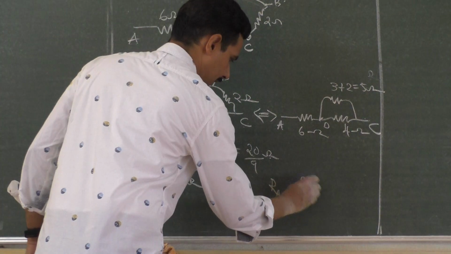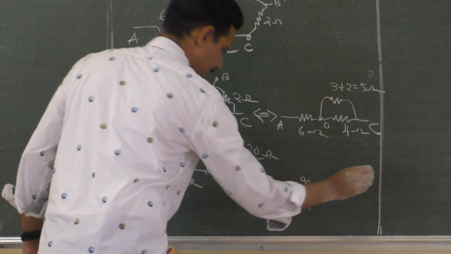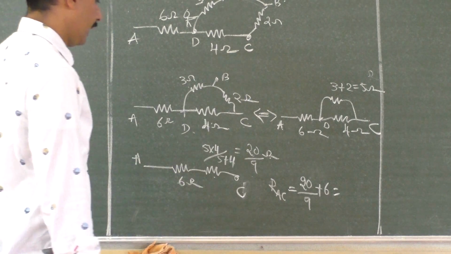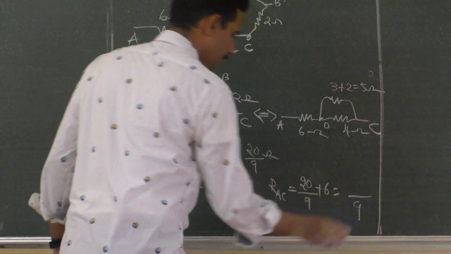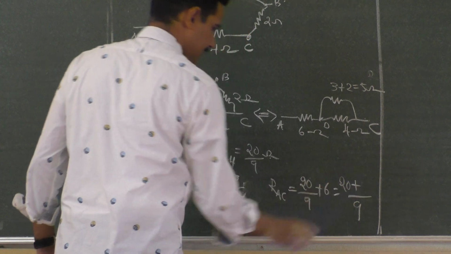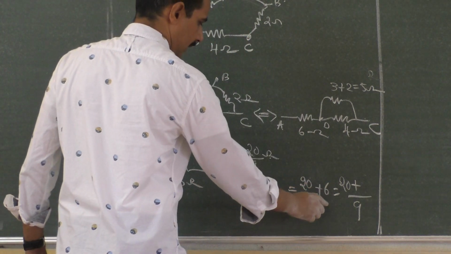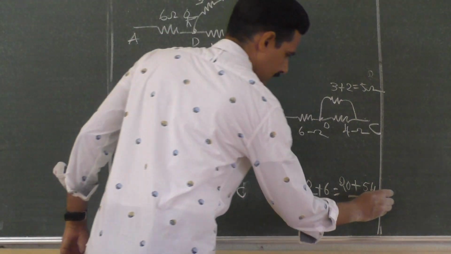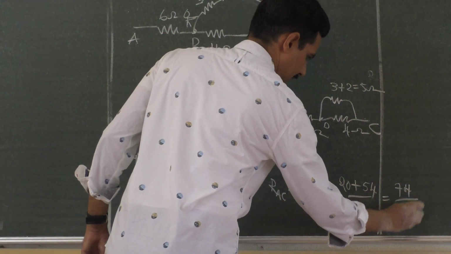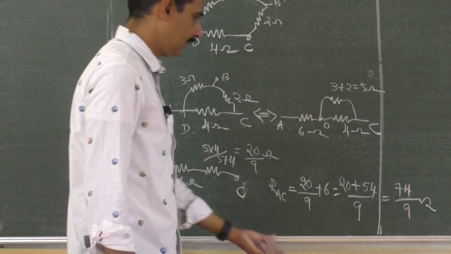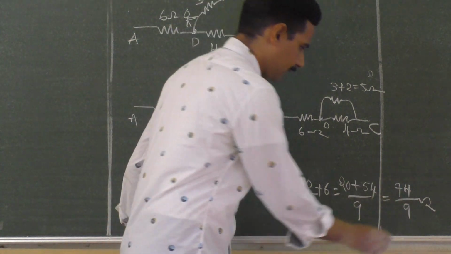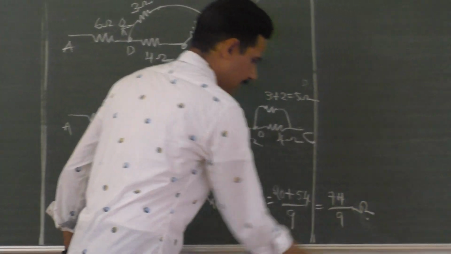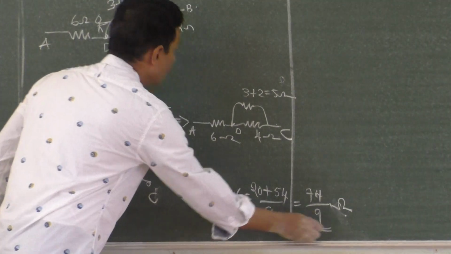So 20 by 9 plus 6, that is equal to 9 common, 20 plus 54. So what is the answer? 74 by 9 ohm. This is not 1 by RAC, this is RAC itself. So 74 by 9 ohm. That is the answer. Hope I am right.